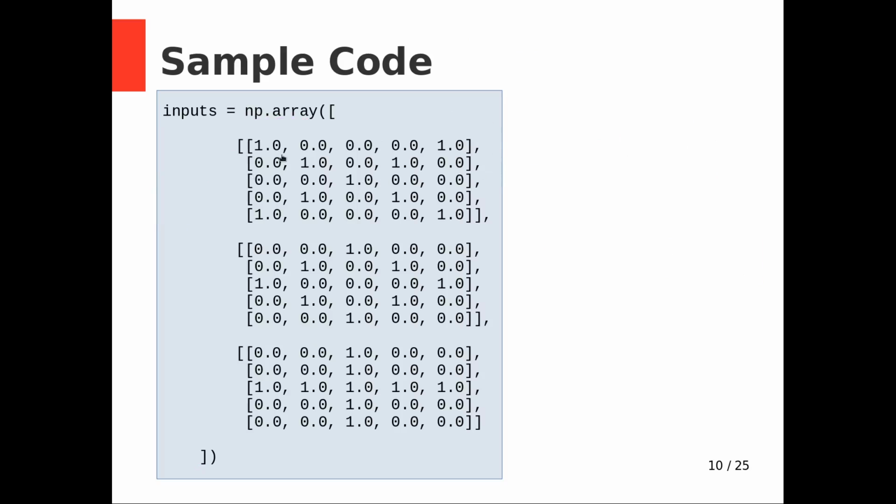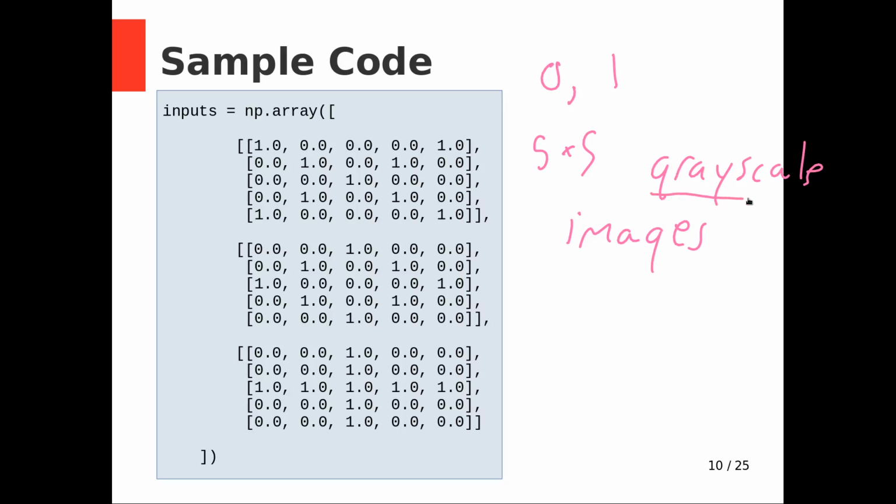Now, notice what these are. These are little, tiny, 2-dimensional arrays of floating point values between 0 and 1. We can kind of think of these as little bitty, tiny, 5 by 5 grayscale images. Sorta, kinda. Why grayscale?